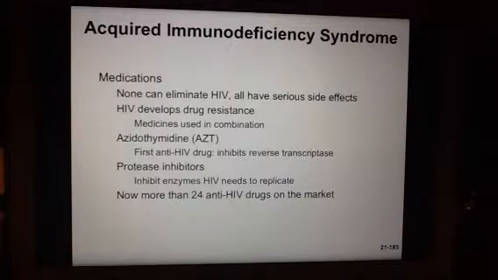So of the medications that are available, none of them are able to eliminate HIV, but they are developing resistance. And so AZT was the first anti-HIV drug, which inhibits that reverse transcriptase, using the RNA to make DNA. But now there's more than 25 drugs on the market to help with slowing down this virus.